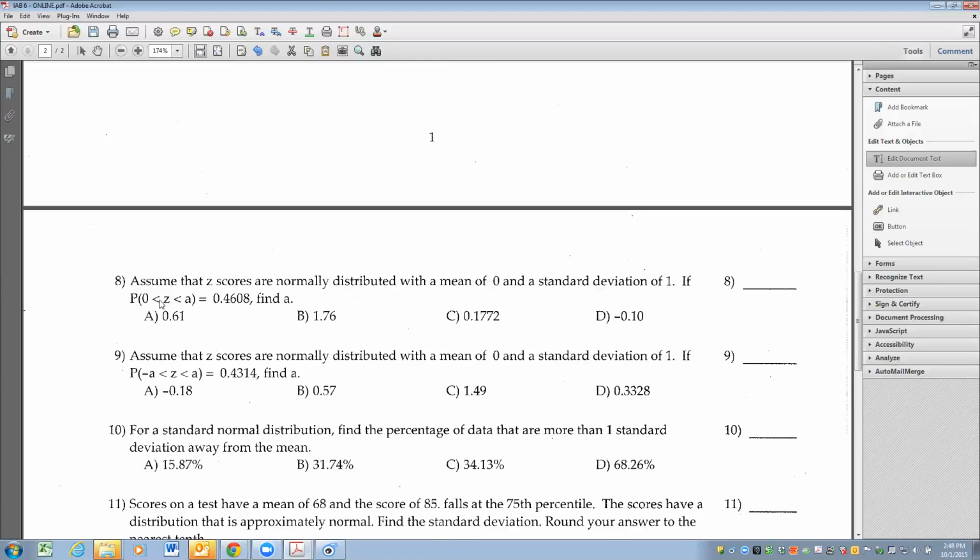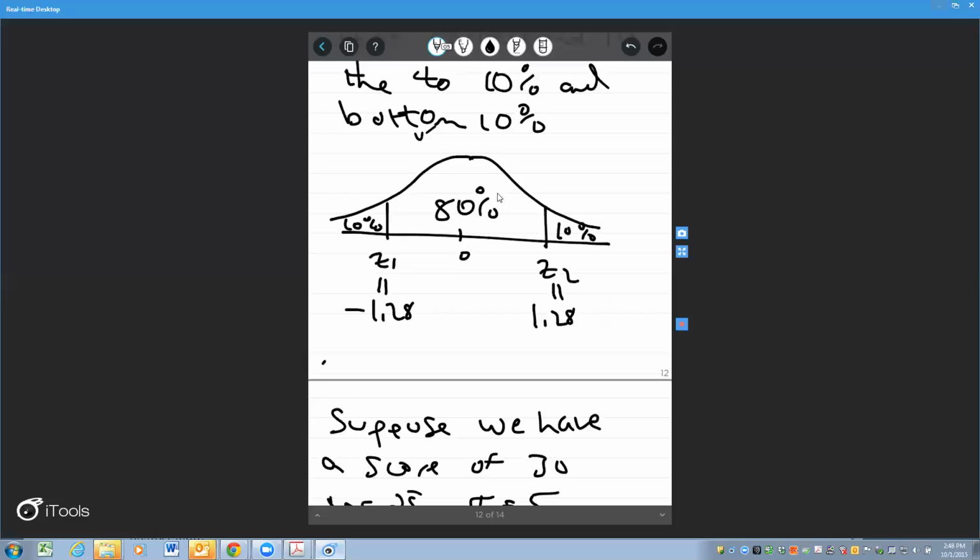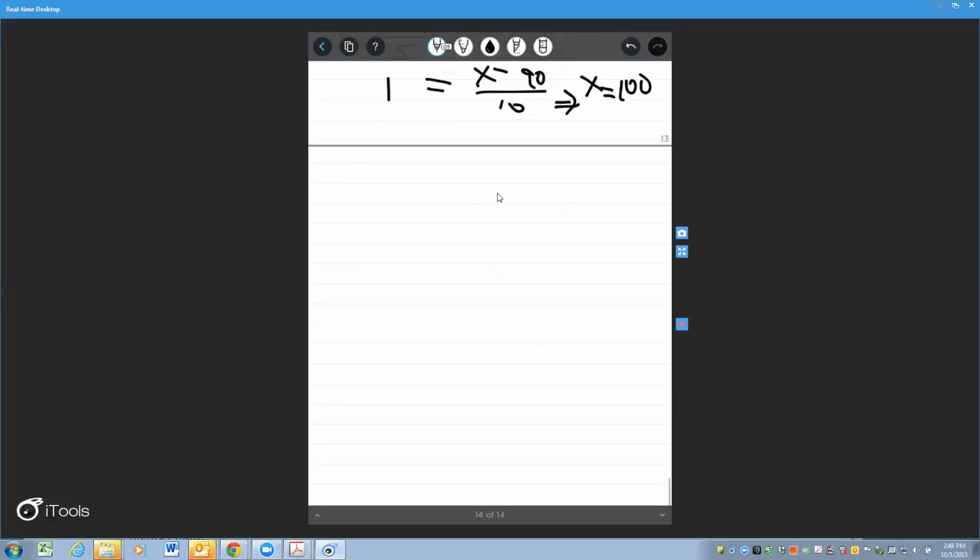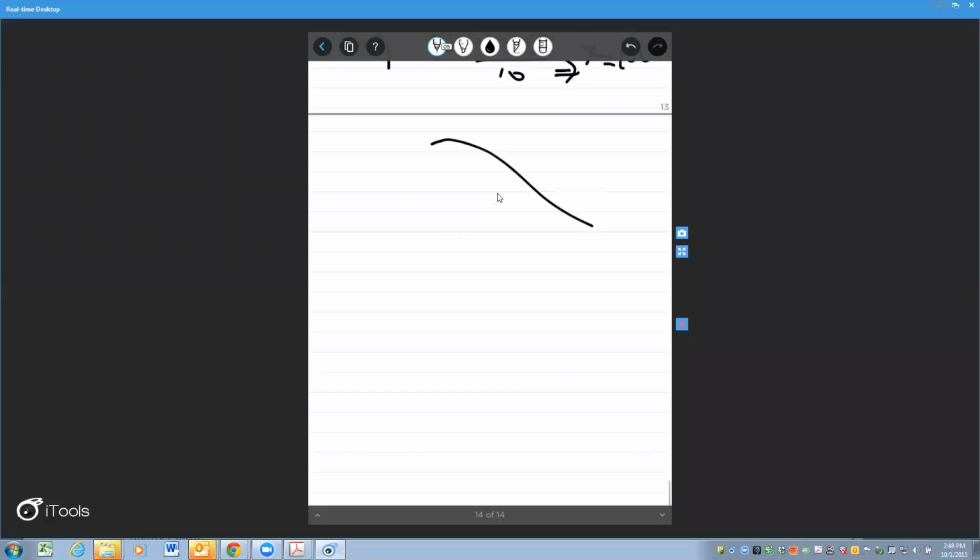For number 8, you can use the fact that the probability that you're less than 0 is 0.5. So to find this A, it really means I have a picture that is like this one, except this is 0.4608.